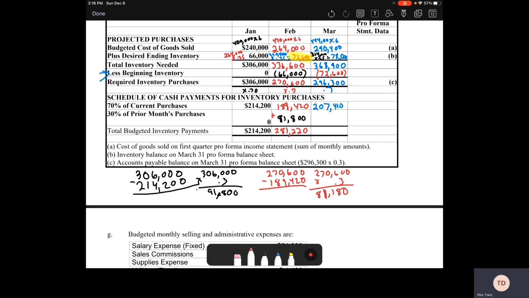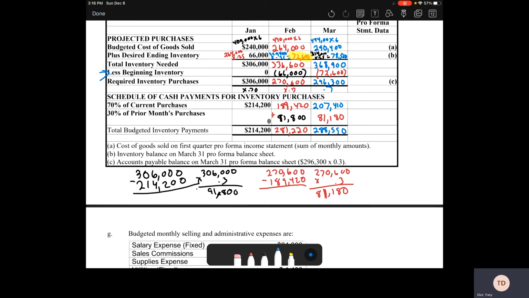That's a 1. So we put that 81,180 in there for a total in the month of March of $288,590. So that's how much cash we actually pay for our inventory in those months.